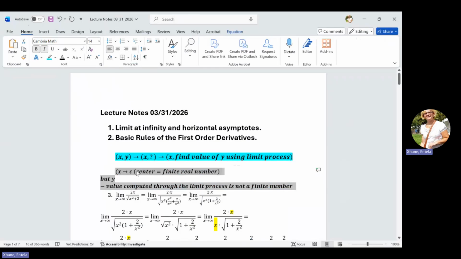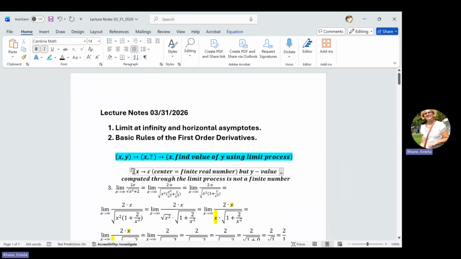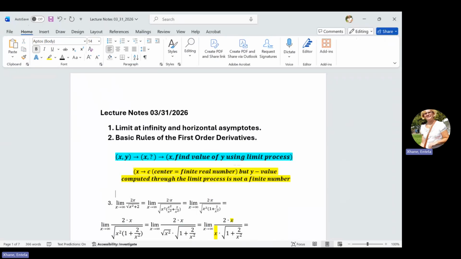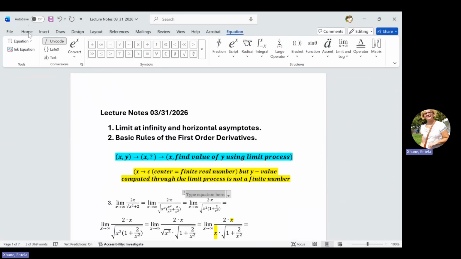So we are running into scenarios such as, let me break it right there. And then again, I'm going to highlight this, this time using yellow. So we're running into scenarios that look like this. So you find the limit.